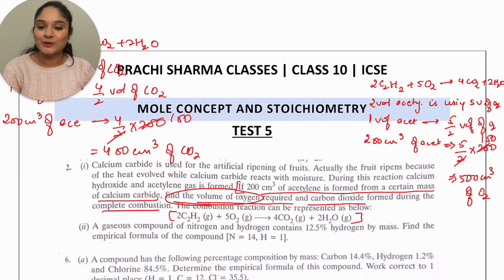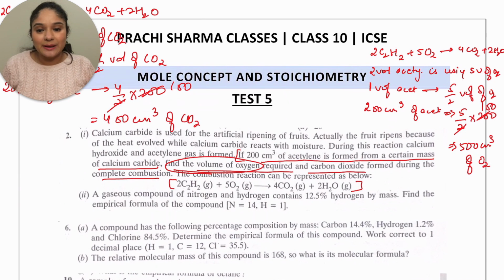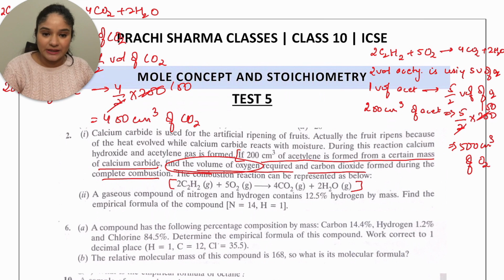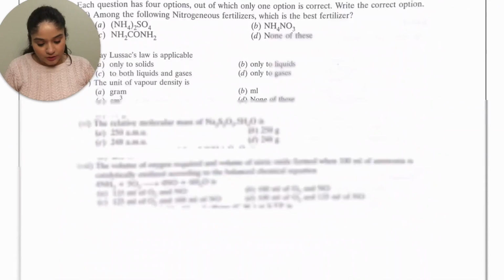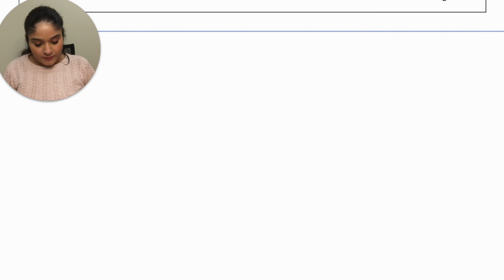Okay, moving on to the second part. A gaseous compound of nitrogen and hydrogen contains 12.5% hydrogen by mass. Find the empirical formula of the compound. For empirical formula questions, I'll use a separate page so I can make a chart for you.